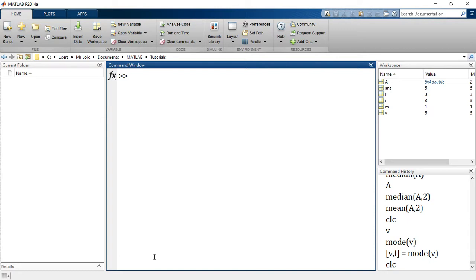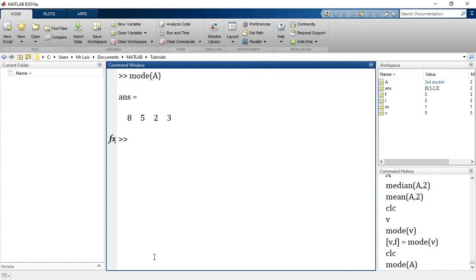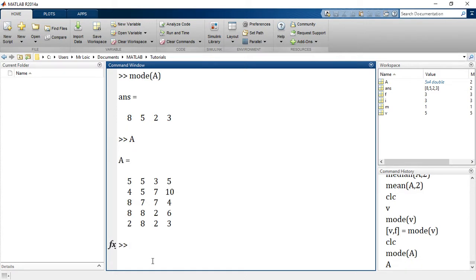So what about A? Mode behaves exactly the same way with A. If I have A, what is the most occurrent here? 8. Now look at this, it is a typical example of what we're talking about. 5 occurs twice, 8 occurs twice. What MATLAB does is it takes the minimum, which is 5.